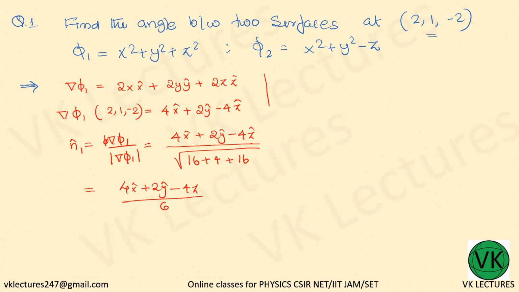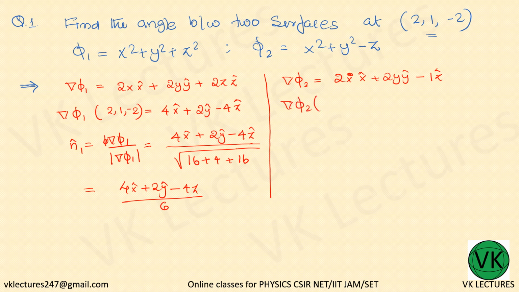Now coming to the second one, del phi 2 is equal to 2x x cap plus 2y y cap minus 1 z cap.